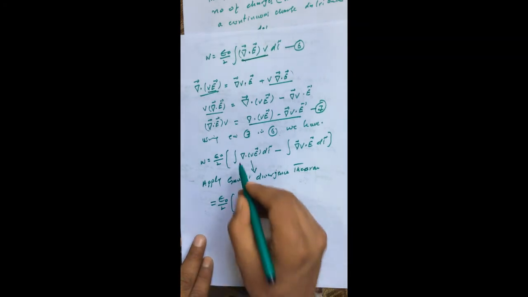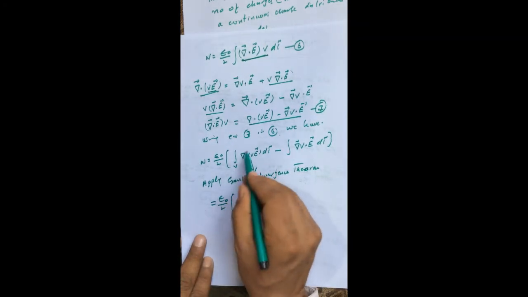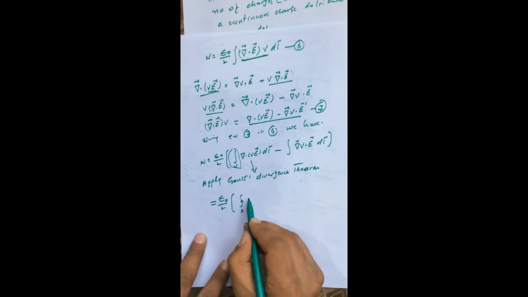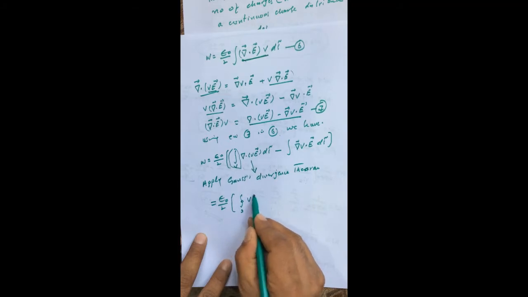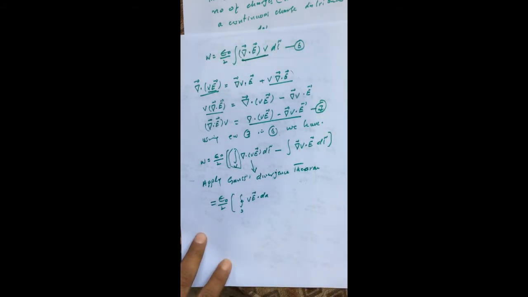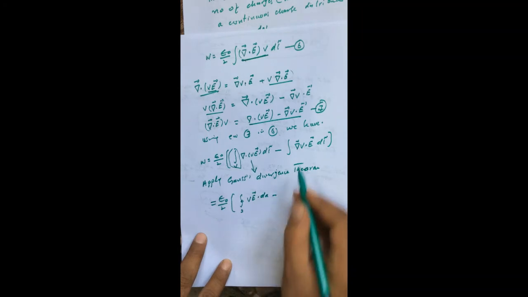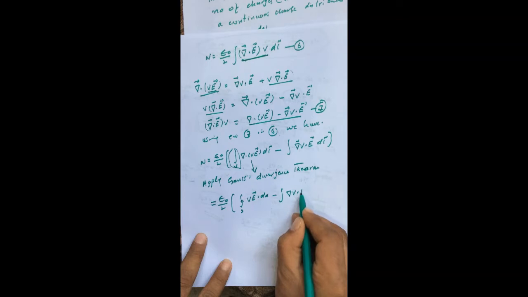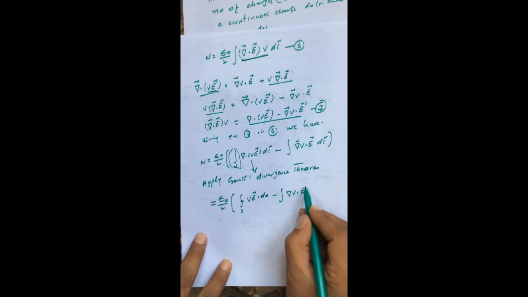So this volume integral will be replaced by the surface integral of VE dot dA, minus, this term is written as it is, del V dot E into d tau.